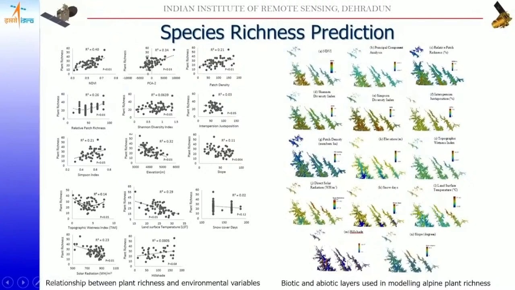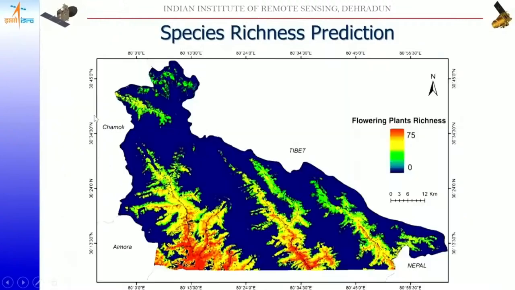All those parameters we can derive through remote sensing and GIS tools, and we can see the correlation with the species richness derived through the ground or sampling data, and how the different biotic and abiotic parameters are linked with species richness in a particular area. So this helps in modeling the species richness patterns over a larger landscape.